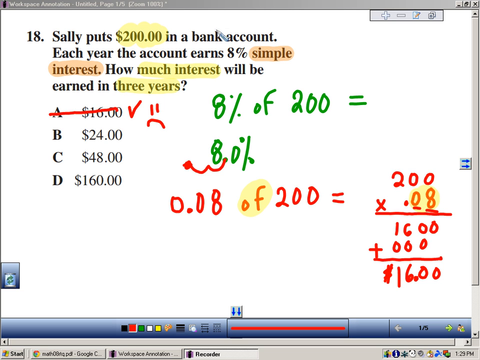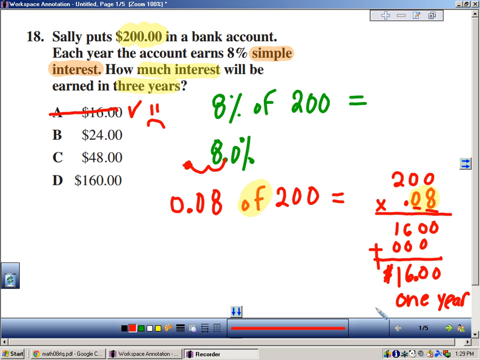Every year after, you still make $16 every year. And so, first year you make 16, the second year you make another 16, and the third year you make another $16. So what is the total amount earned in 3 years when you're talking about the interest in this account?